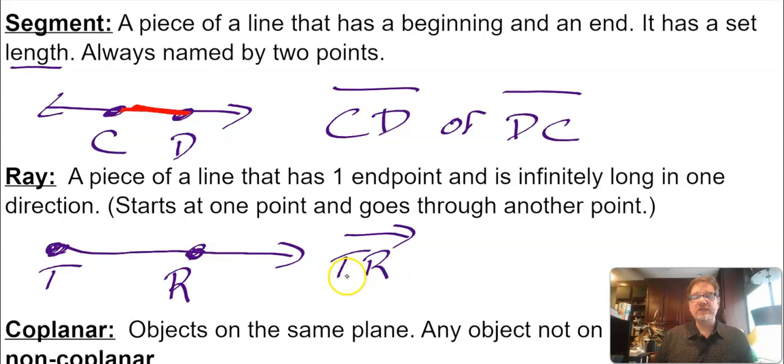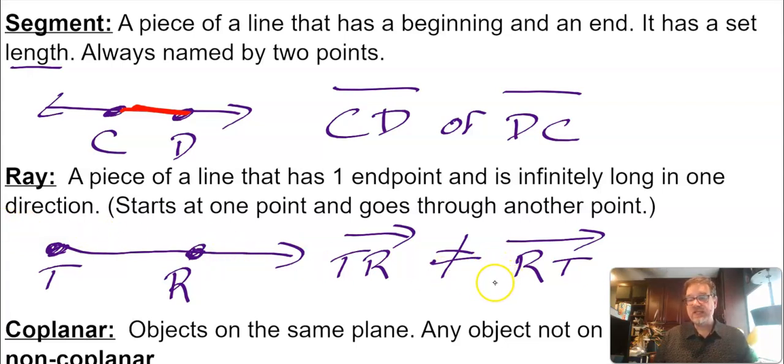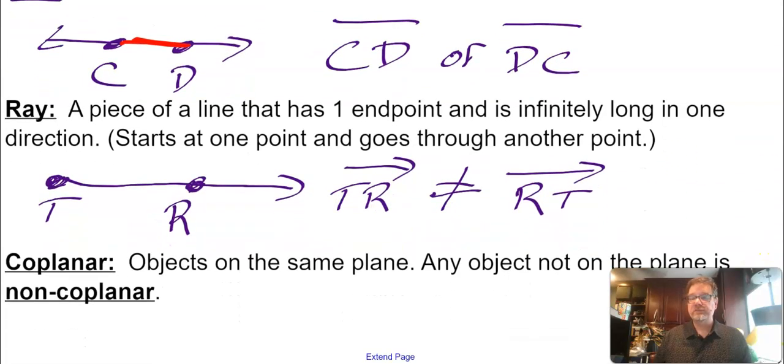This means start at T and go through R. That is not the same as this, which says start at R and go through T. So you can't say rays backwards. Rays always start at the first letter and go through the second letter.